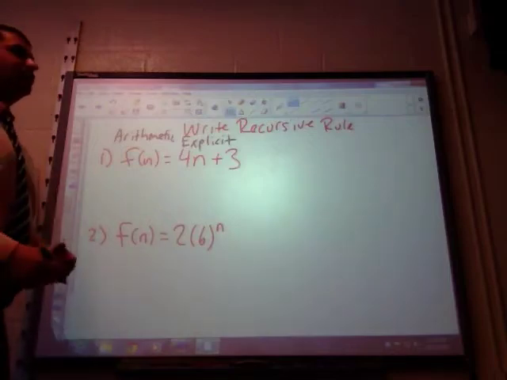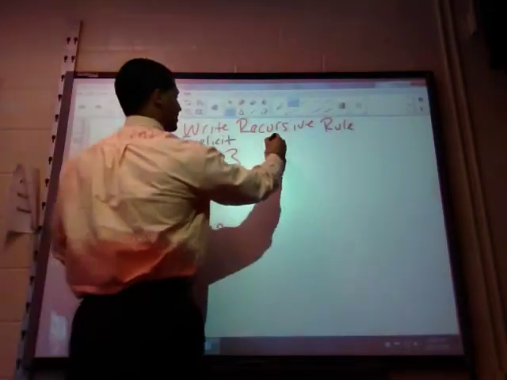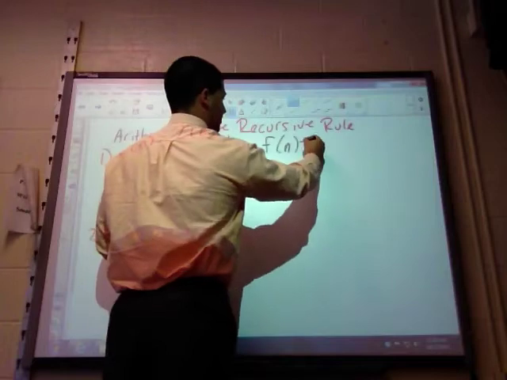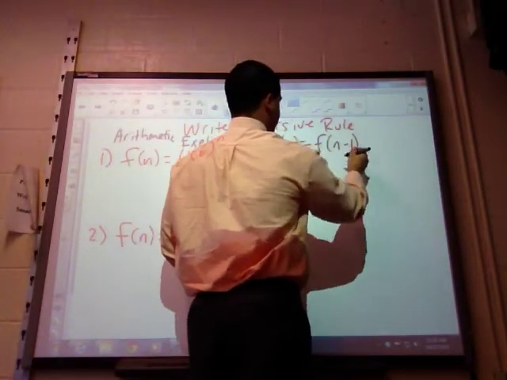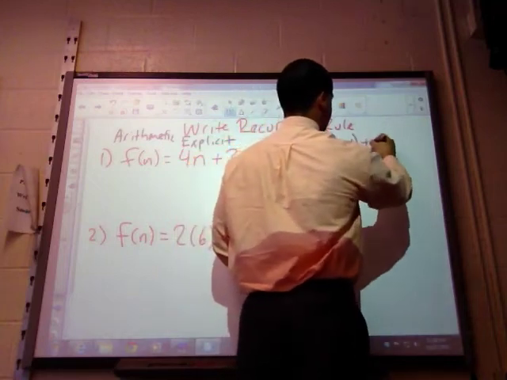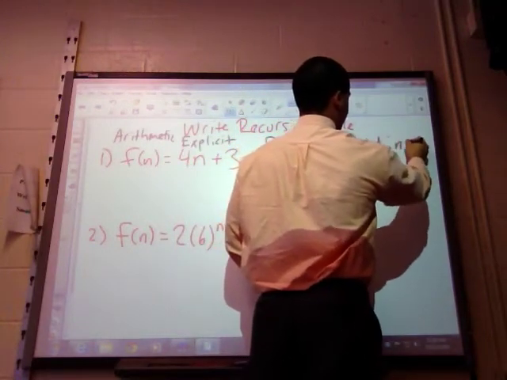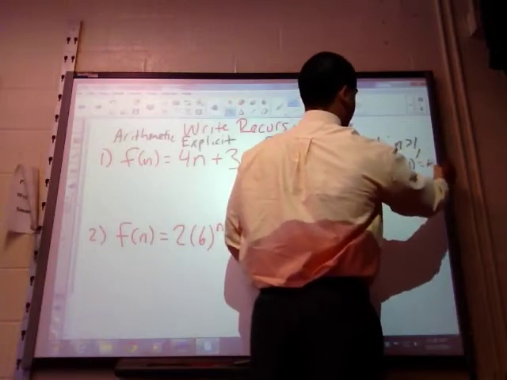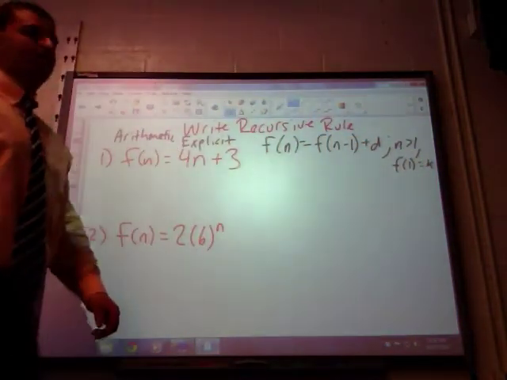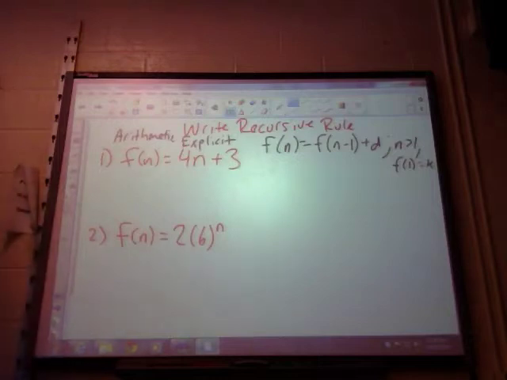So I want to write my recursive rule and do f of n equals f of n minus 1 plus the common difference where n is greater than 1 and f of 1 equals k. So that should be the formula we're working towards in the arithmetic ones.